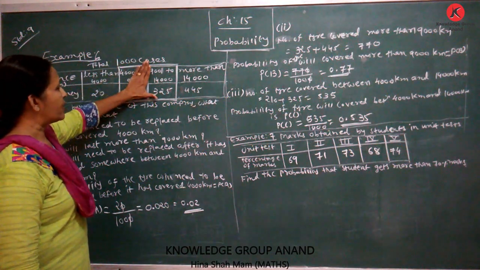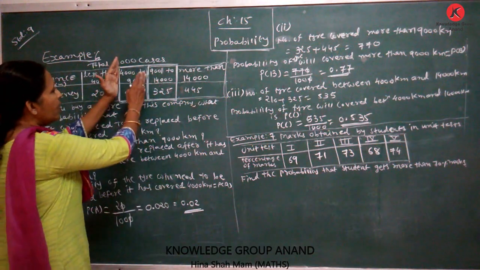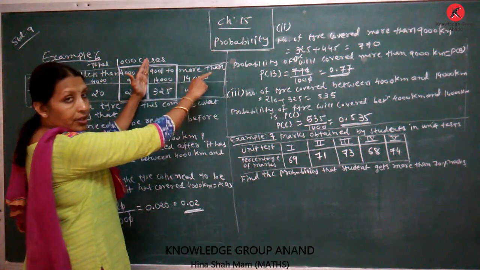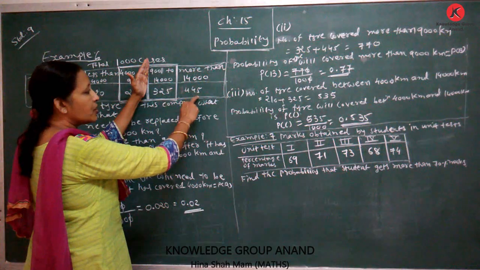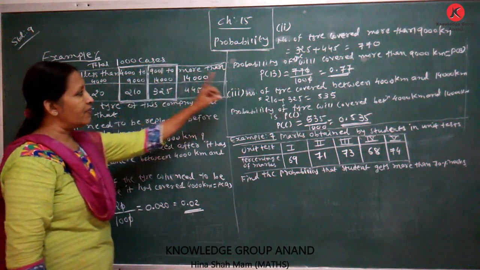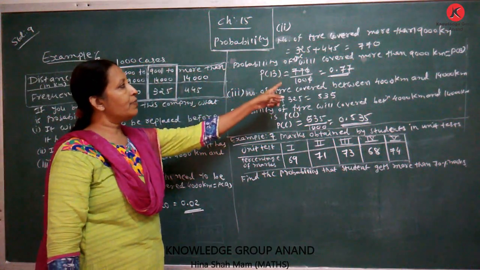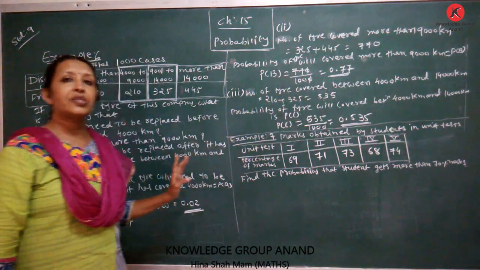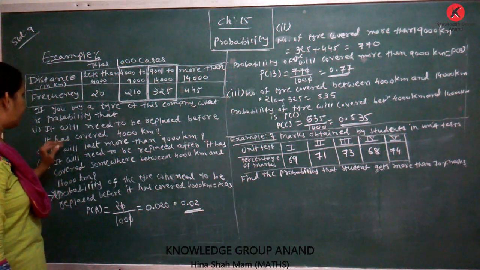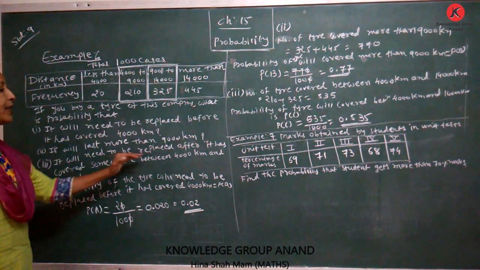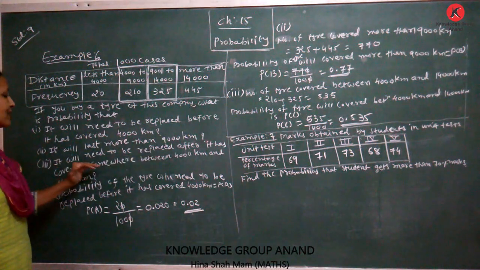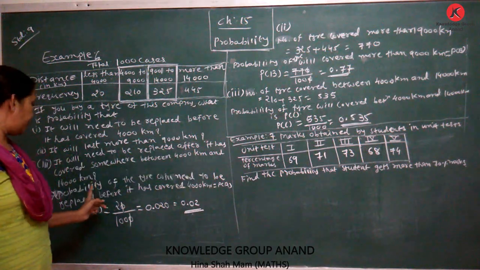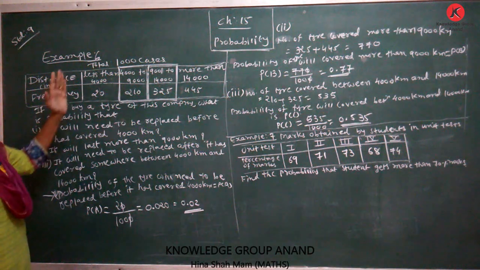Here 325, for 9,000 to 14,000, and more than 14,000, 445. 325 plus 445 is equal to 770. The probability of this event is 770 upon 1000, 0.77. Number 3, it will need to be replaced after it has covered somewhere between 4,000 km and 14,000 km.